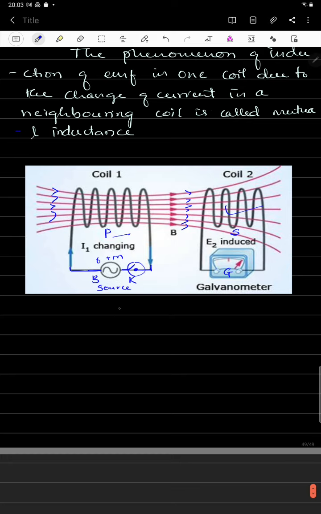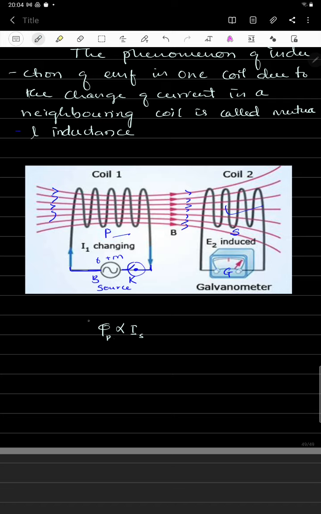Here, the current in the secondary coil depends on the magnetic flux of the primary coil. This is the secondary coil current.